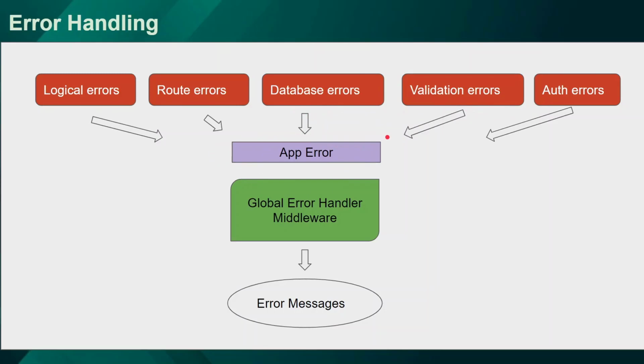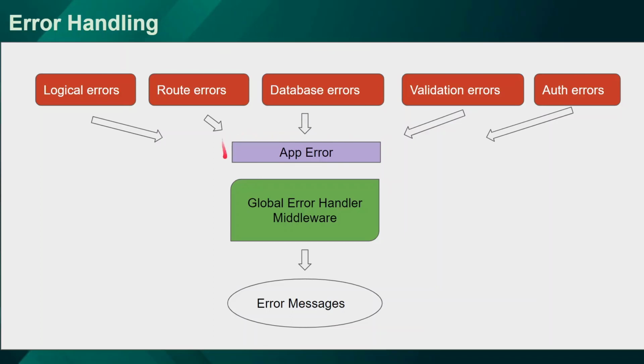Let's say that object is AppError. So whenever a logical error is invoked, it will encapsulate that error's details in this AppError object. Whenever a route error occurs, it will encapsulate those error details in this AppError object. Likewise, for each error, a separate AppError object will be constructed to express that error.